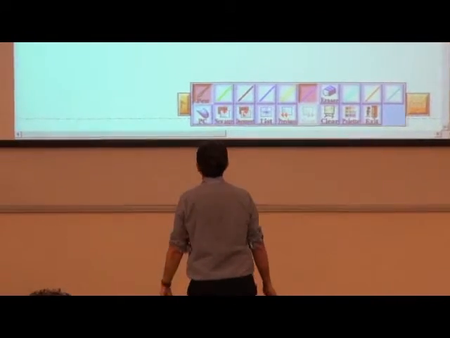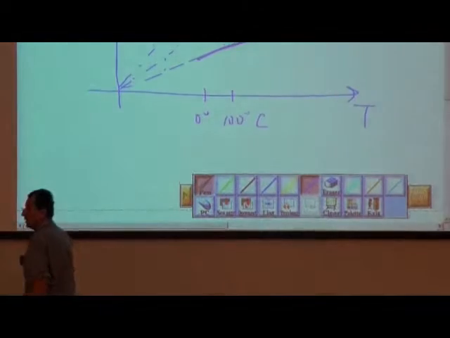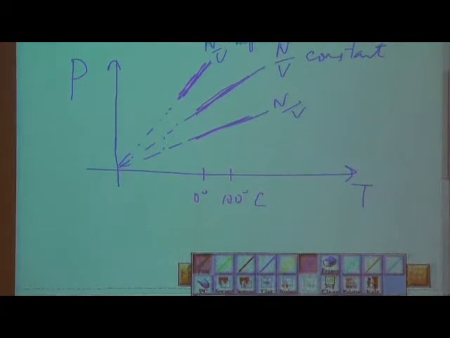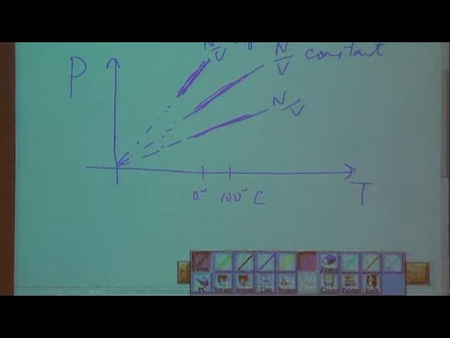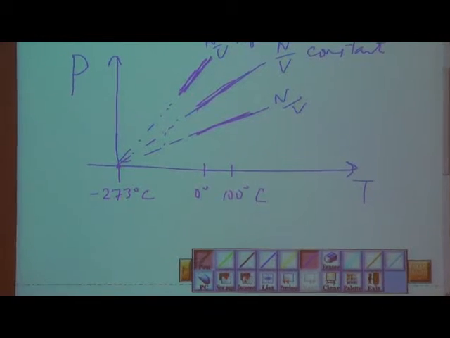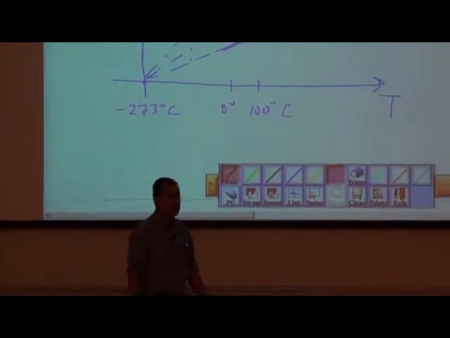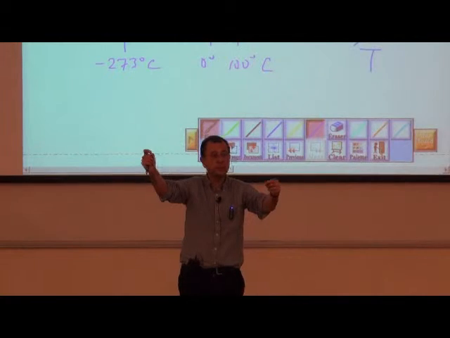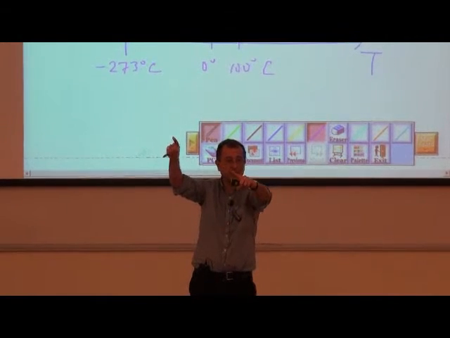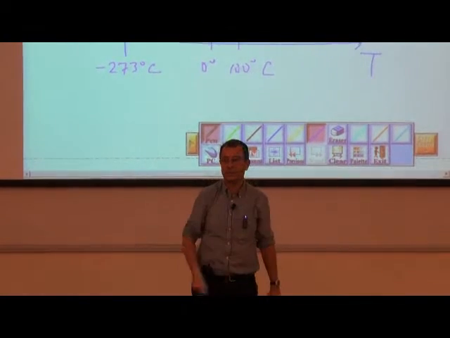you found that this straight line, one straight line at one density, comes down to -273 degrees centigrade. Then the natural question that the scientists asked is, what if I do the experiment in a different density, another straight line, where does that extrapolate?